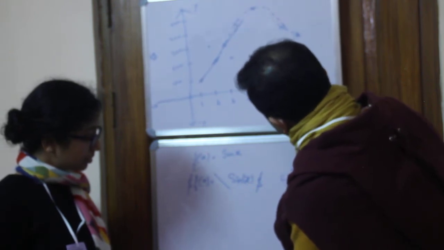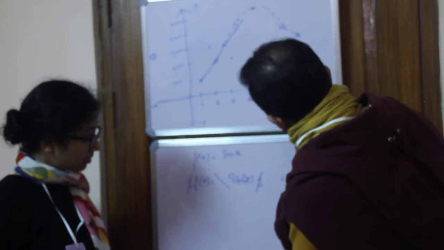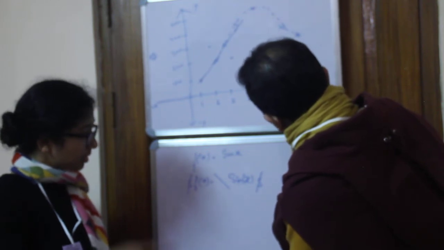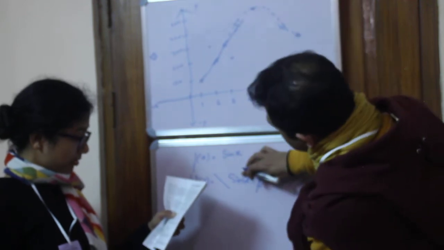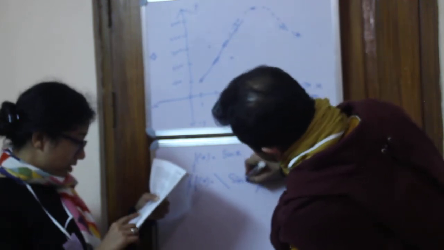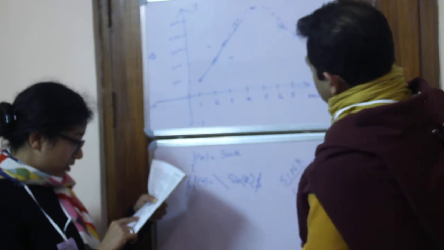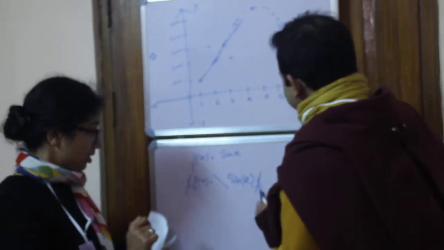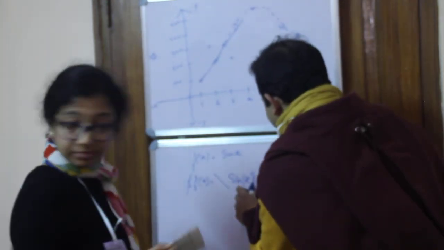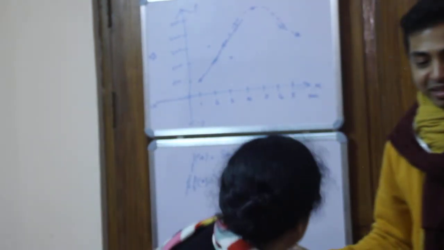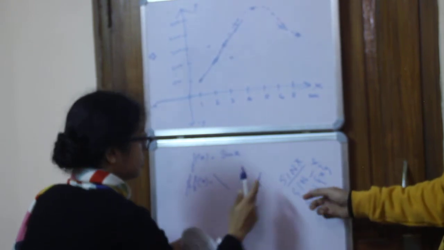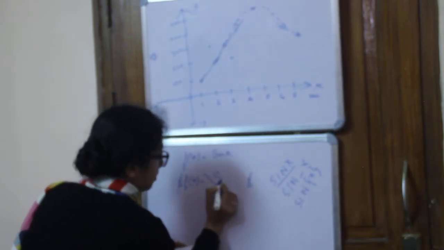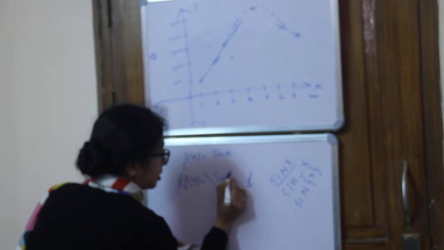So you have to write either sin space x, or use the brackets. Probably they can try both and see what is the difference.